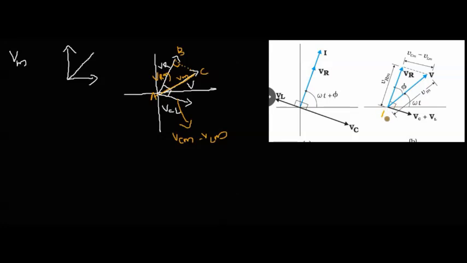We are taking a right angled triangle ABC, and here you can see the voltage phasor across the resistor is making an angle of omega t plus phi with the horizontal axis. So the angle between VR and resultant will be phi, and the angle between V and the horizontal axis will be omega t. So the total angle is omega t plus phi.